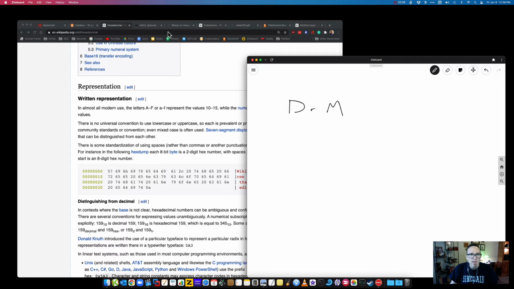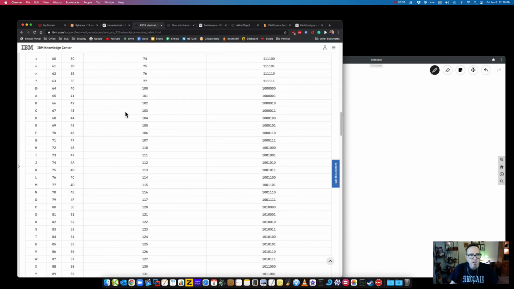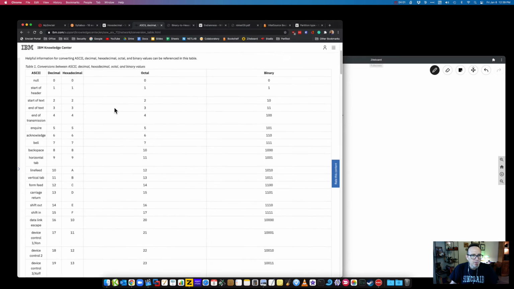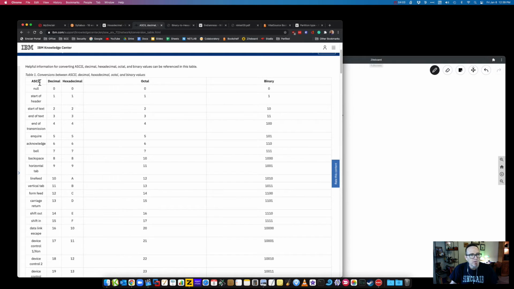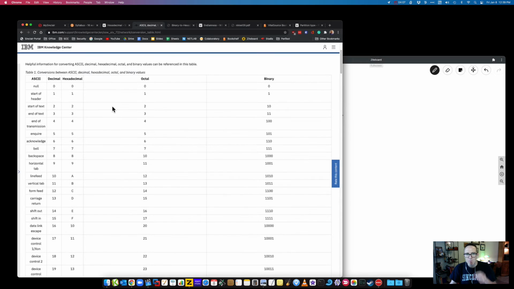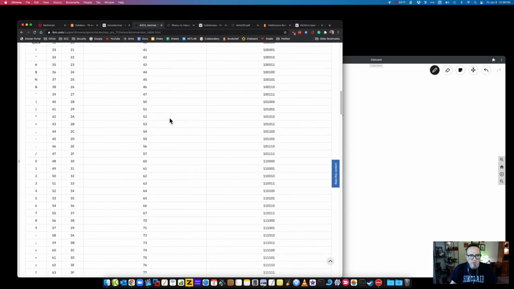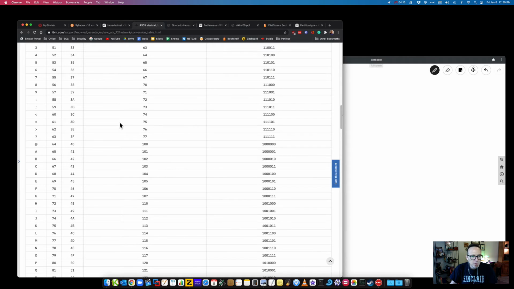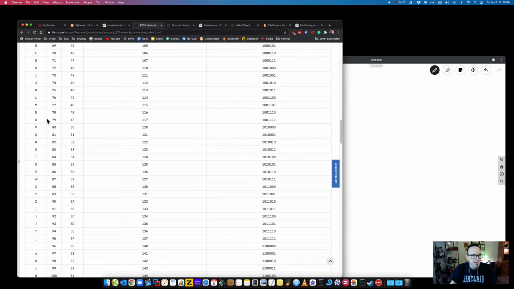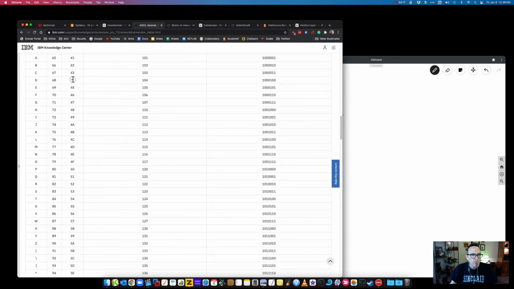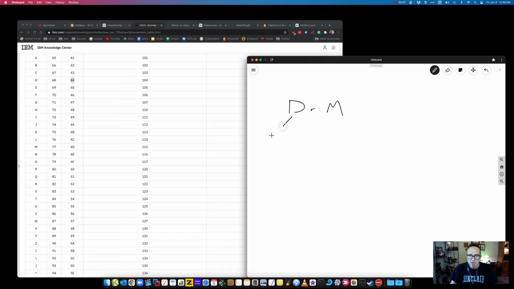So there's a lot of references out there. We have a reference here, this is IBM ASCII to decimal, hexadecimal, octal, and binary tables. Plenty of these around you can find. If we convert this, we'll see that uppercase D is 44. So this D comes across as 44.